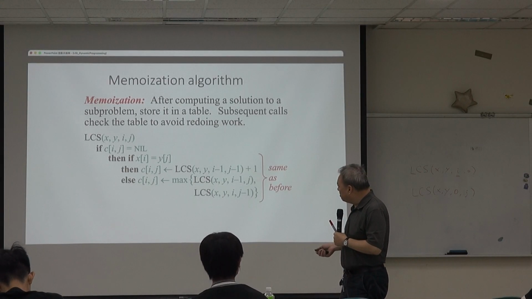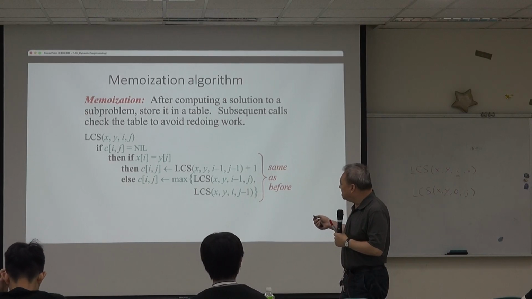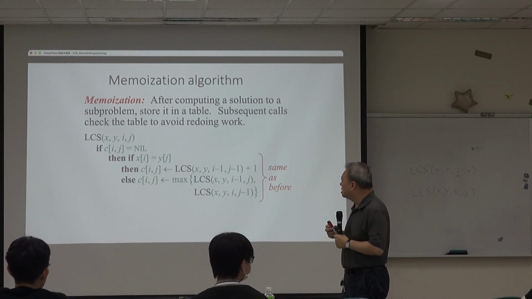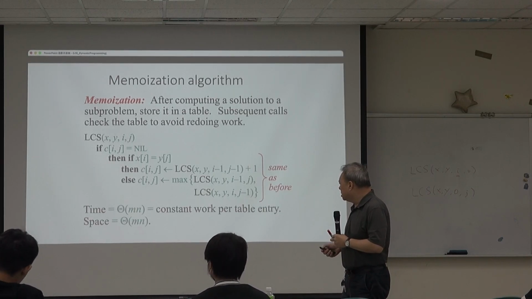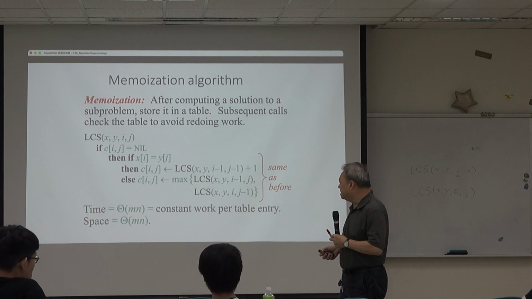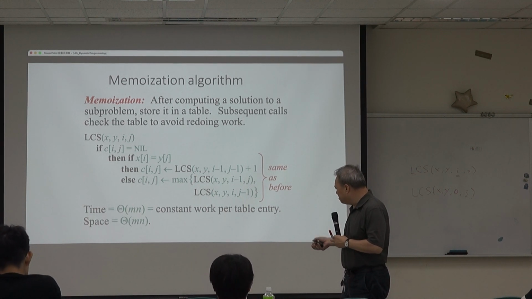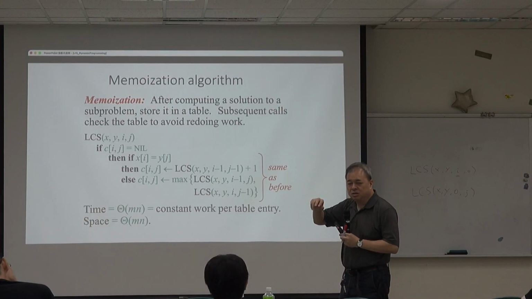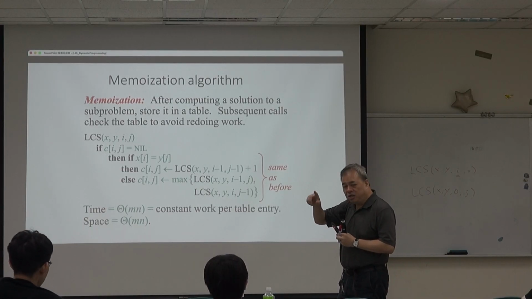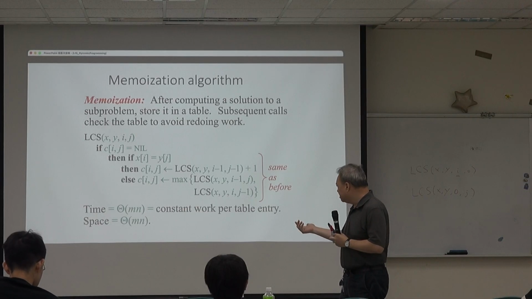We call such an approach memorization. And the time you take will be theta n squared because, as I said, all the possible combinations of i and j are limited.